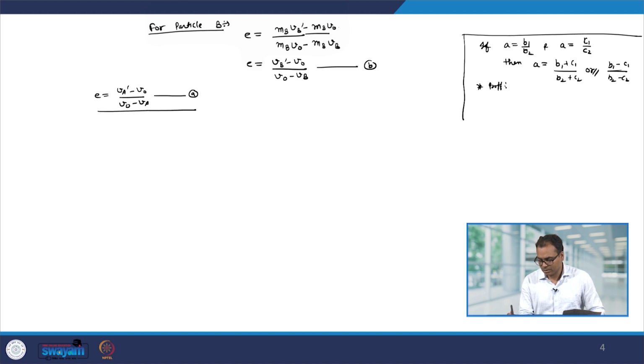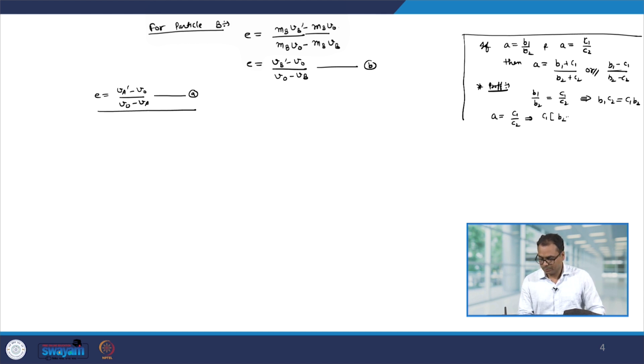So, let me just prove this. From here, because A is equal to B1 over B2 and the same A is equal to C1 over C2, therefore, B1 over B2 equal to C1 over C2, or I can write down B1 C2 equal to C1 B2. Now, let us start with A. A was C1 over C2, we can multiply it by (B2 plus C2).